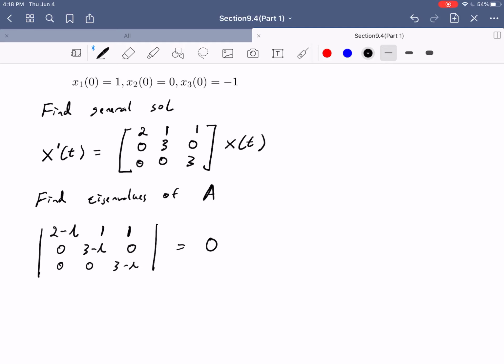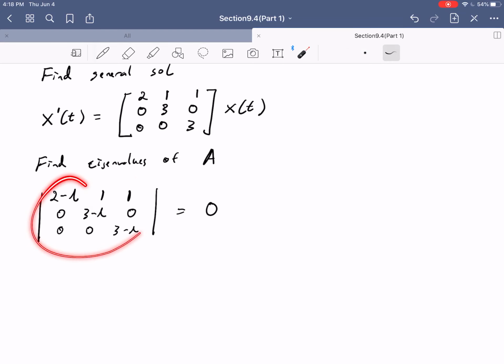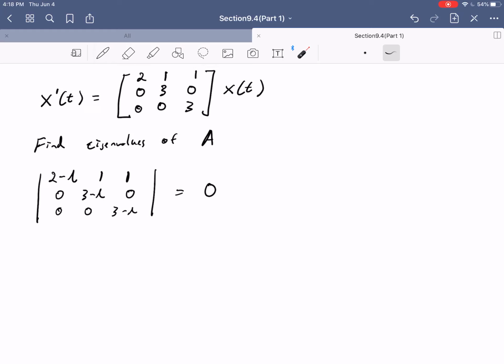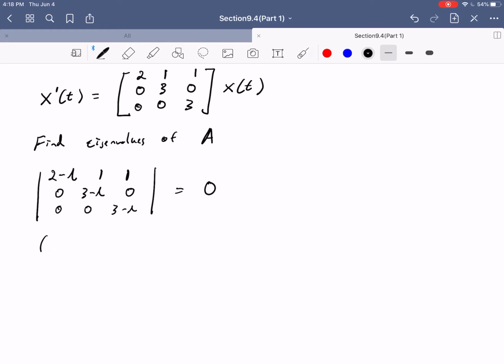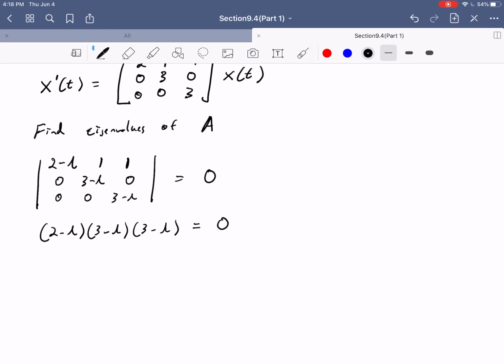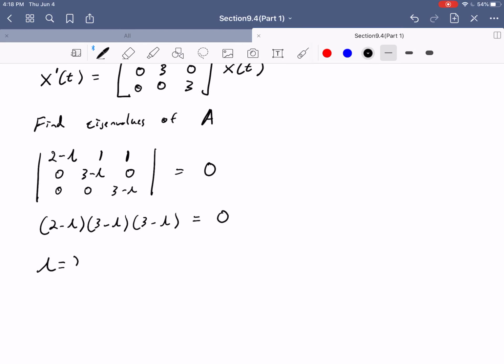Set that determinant equal to 0. Luckily, this is an upper triangular matrix, so the determinant is just the product of the diagonal. So this is 2 minus lambda, 3 minus lambda, 3 minus lambda equals 0. So we should be able to easily see that we have an eigenvalue of 2 with multiplicity 1 and an eigenvalue of 3 with multiplicity 2.